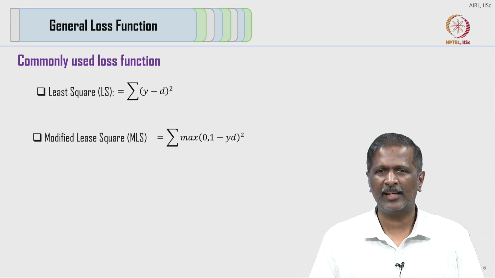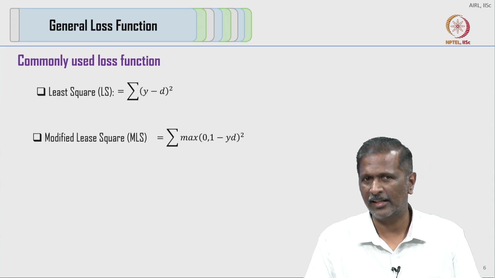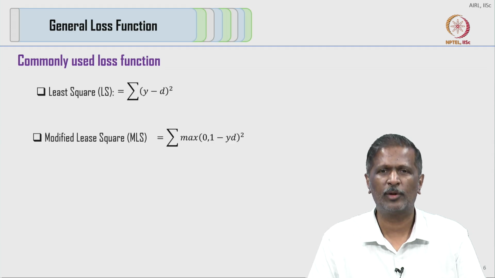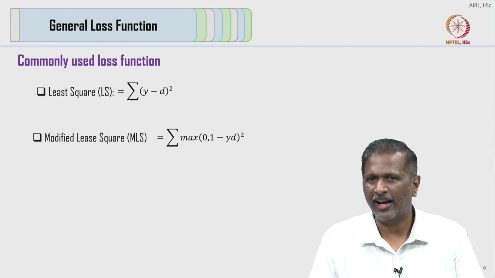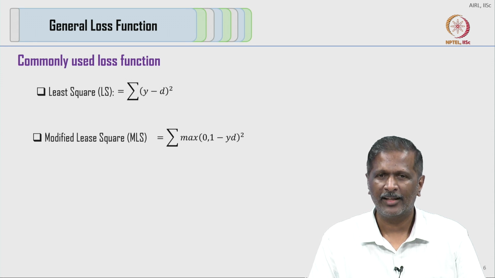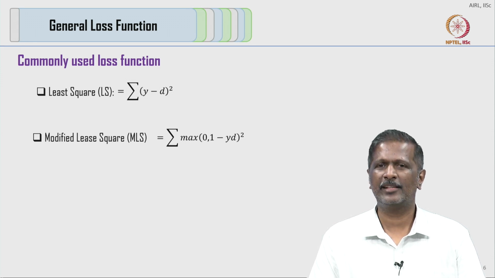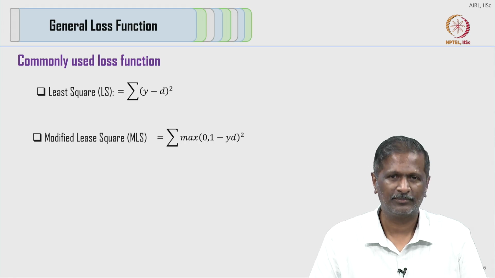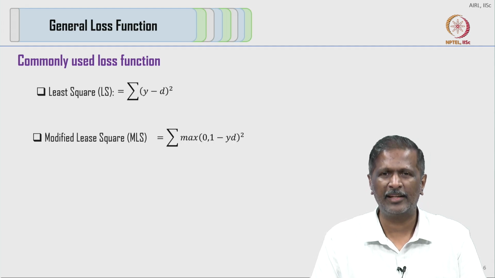Suppose the network says I am 200% confident that this sample belongs to class 1. If I use least square, it will penalize for overconfidence. The modified least square, on the other hand, just allows it. If y is greater than 1, it's still fine. Or y is less than -1 when you are expecting -1 as a target value, it's still fine.